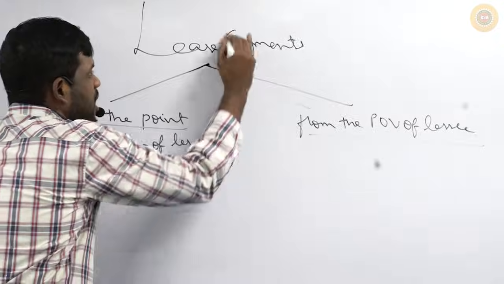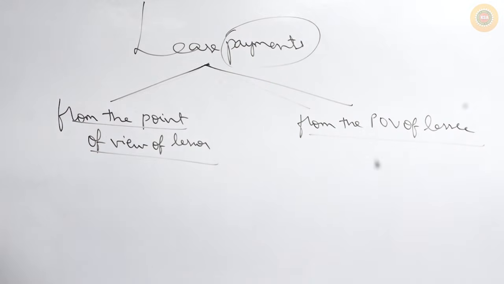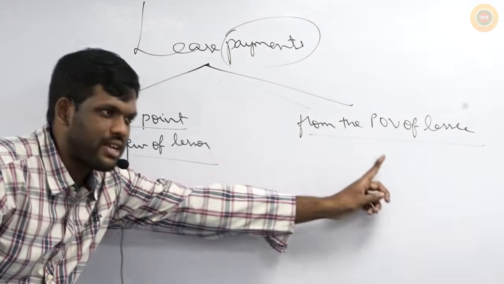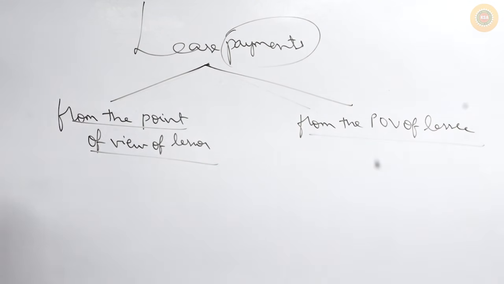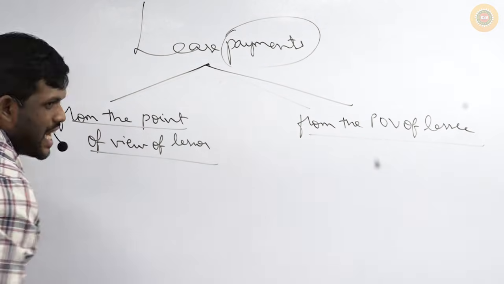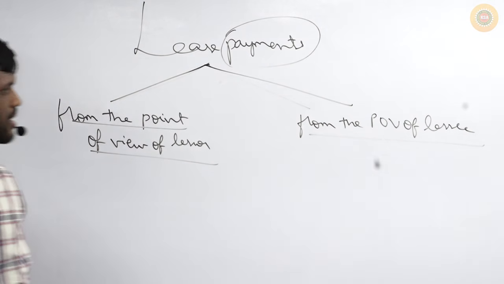They are only calling it payment, not receipt. For both it is a common word, lease payment. You should understand that for lessee it is outflow, for lessor it is inflow. First let us finish the lessee point of view, then we'll come to lessor.